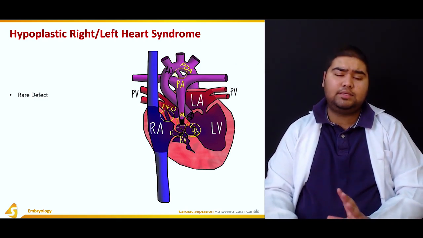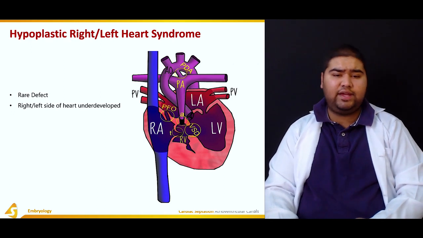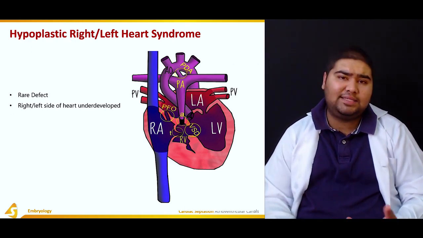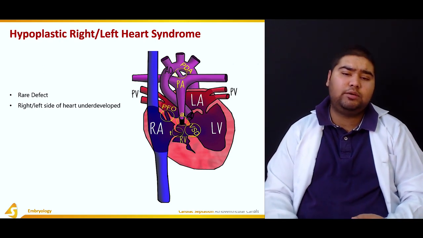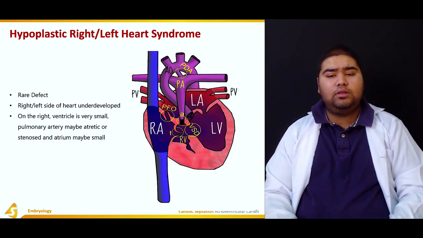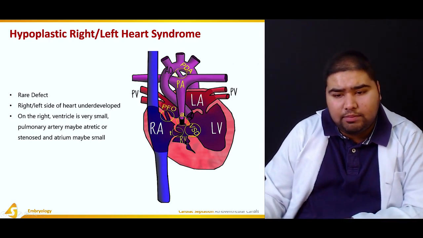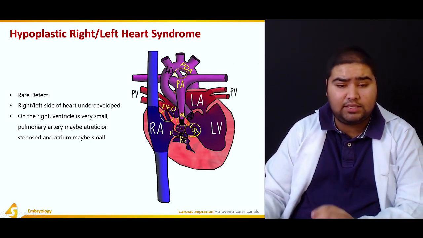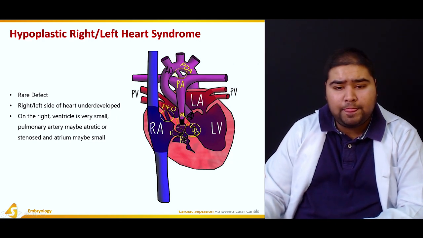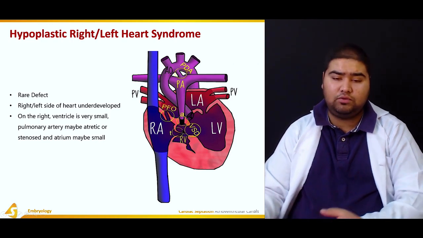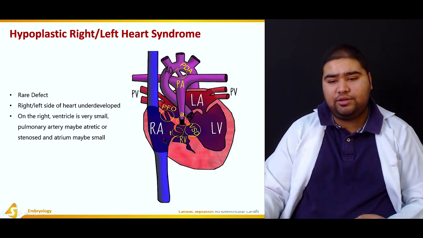So what happens? It is a rare defect in which the right or the left side of the heart is hypoplastic, that is, it has not been formed properly. On the right side here, the right ventricle may be very small. And the pulmonary artery may be atretic or stenosed, tightened, and the atrium may be small.